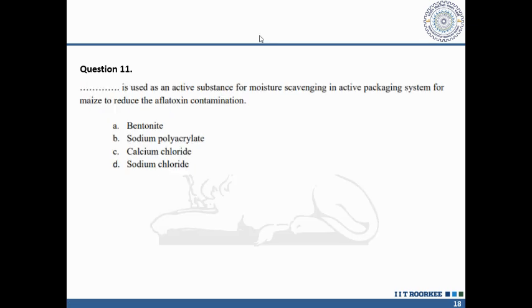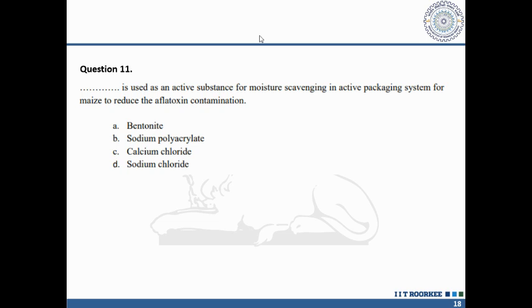Question 11 is: fill in the blank, what is used as an active substance for moisture scavenging in an active packaging system for maize to reduce the aflatoxin contamination. Like I explained in the last question, moisture scavenging, ethylene scavenging, oxygen scavenging, those are absorbents only, that absorb your moisture, your ethylene, your oxygen, which is in excess in the packaging system.